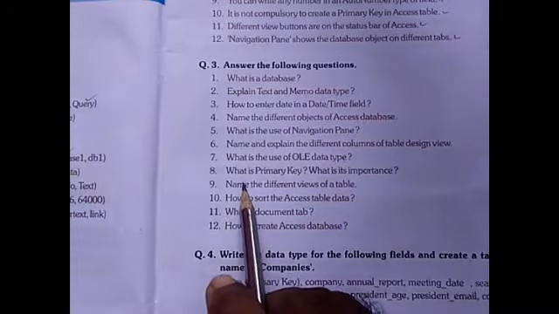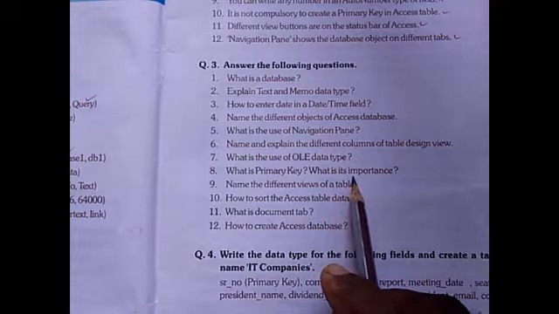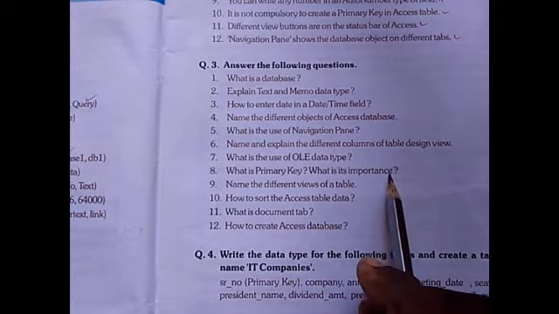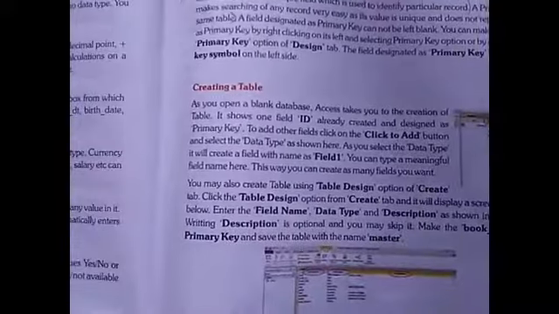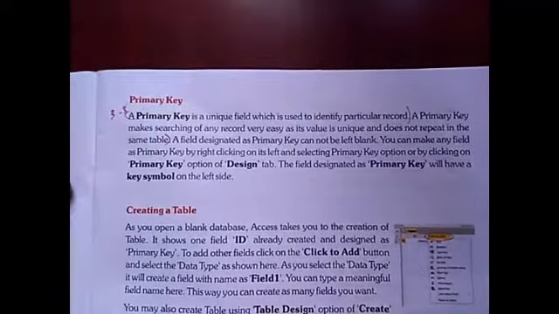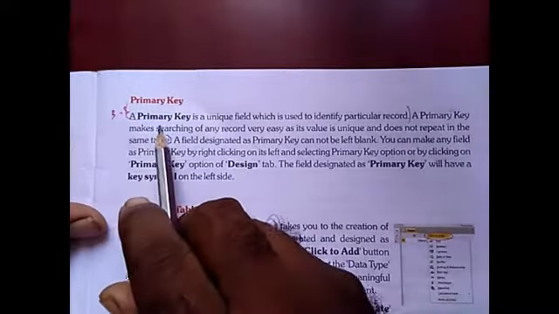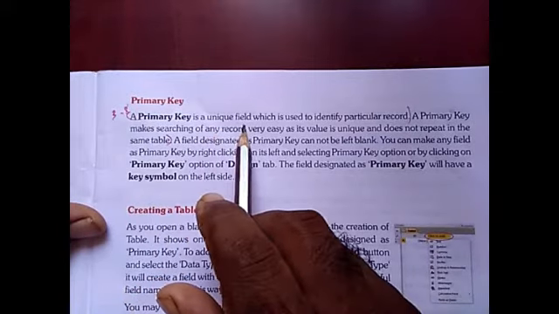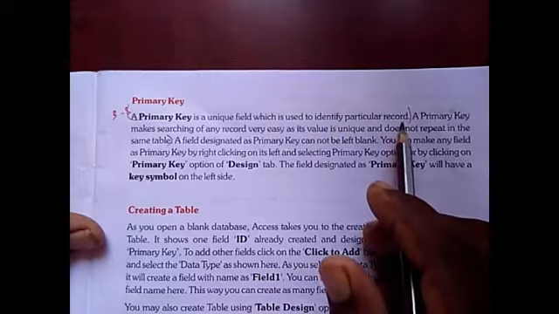Next question is, what is primary key? What is its importance? Answer: a primary key is a unique field which is used to identify particular record.